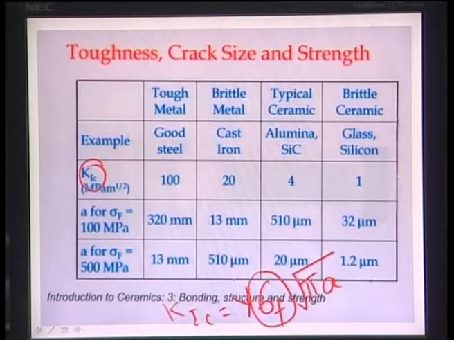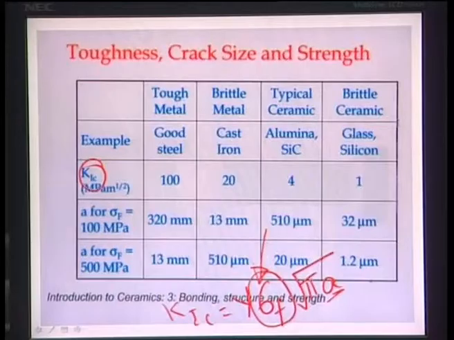Sigma F is the fracture strength, that means the stress value at which that particular ceramic fractures. A is the half crack length if the crack is a volume crack, that means well within the ceramic body, or if the cracks exist on the ceramic surface, then the full crack length is taken as A.